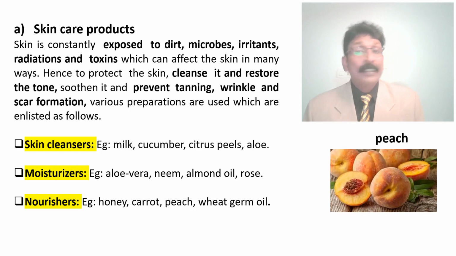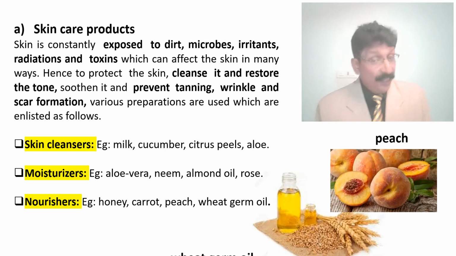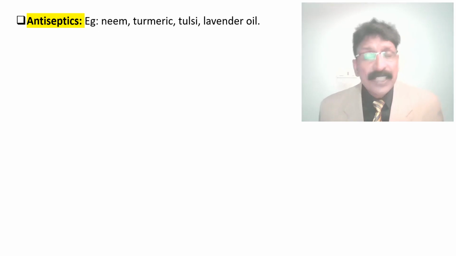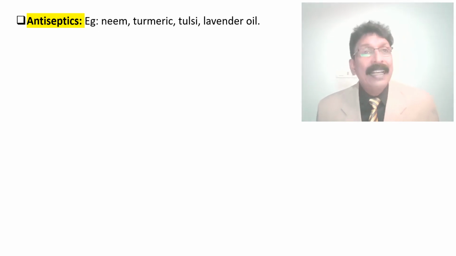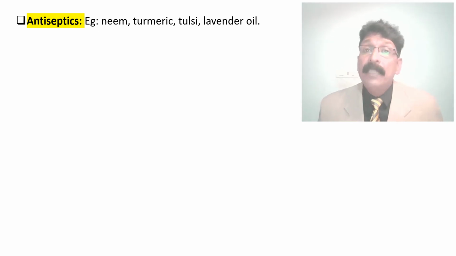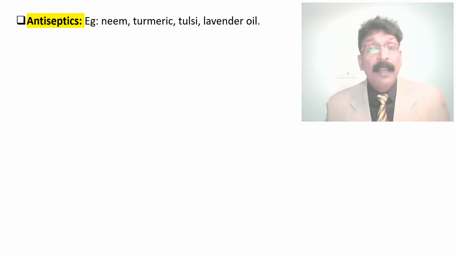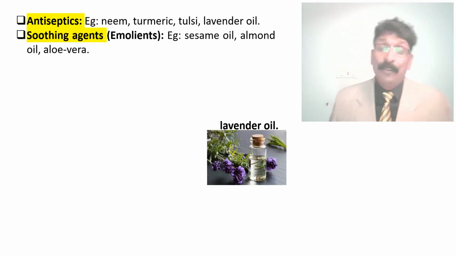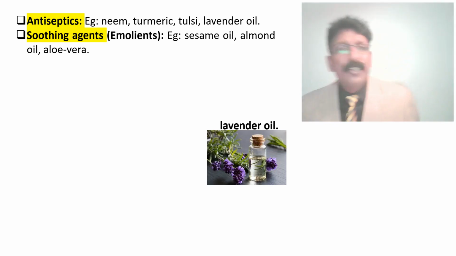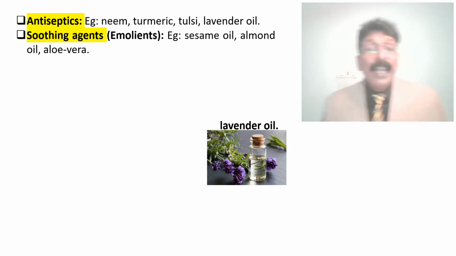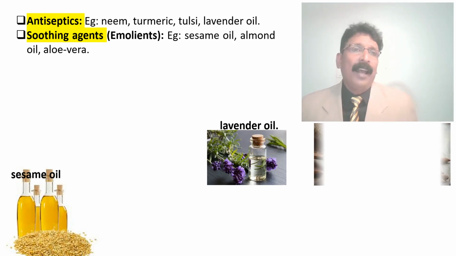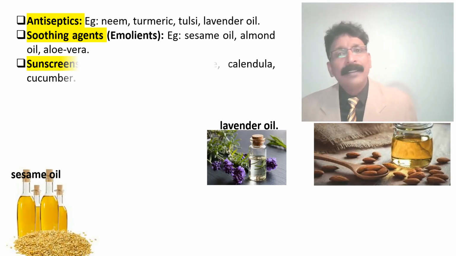This is peach, we know that, and this is wheat germ oil. I just showed the picture. Antiseptics for the skin. Example: neem, turmeric, tulsi, lavender oil. Lavender oil picture is shown here because tulsi and turmeric we all know. Soothing agents: emollient, sesame oil, almond oil, aloe vera. These all can be used.